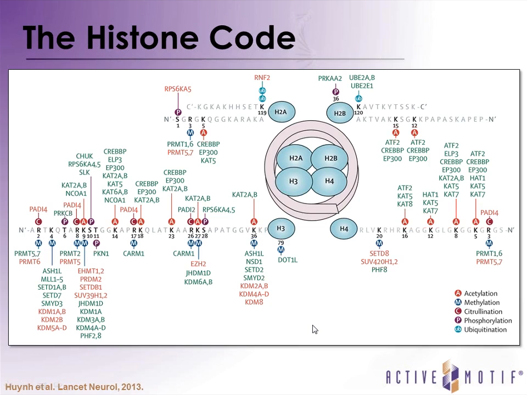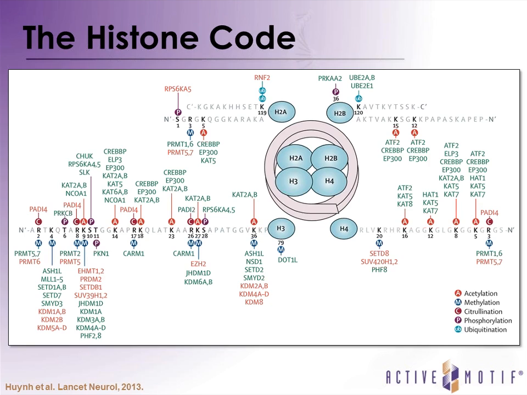Histone modifications are not static. There are some marks that change throughout the cell cycle, while others are more stable and heritable, spanning generations. There are three classes of proteins that interact with the histone code. There are the readers that recognize either a specific mark or specific combination of marks.